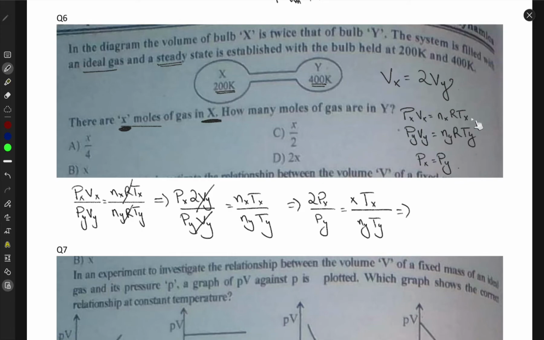Again, you have to look at this equation, PV equals nRT. If T is changing and V is changing, then P has to be maintained at a constant value. So these will go away as well. And so you can see that if I put the values of temperatures in, it's just simple mathematics. You will get x by 4, which means that the number of moles of gas in Y is x by 4, which is option A.